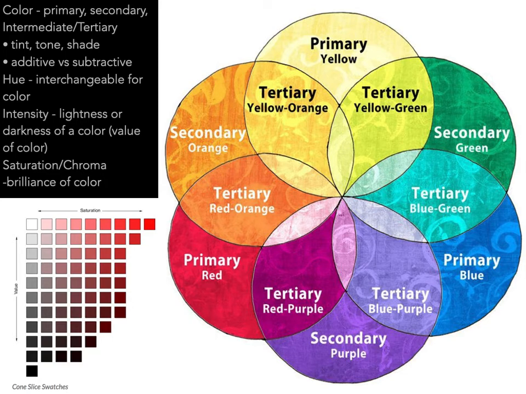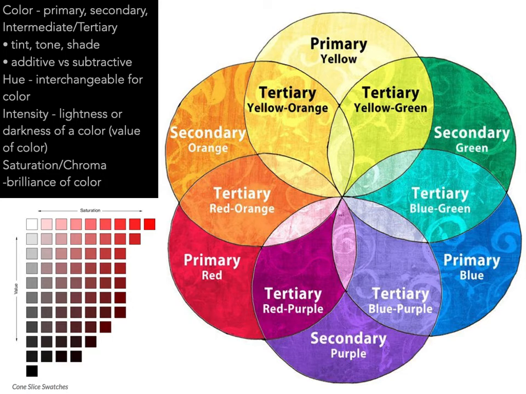We have a few different concepts here, but really the most important thing is to understand additive versus subtractive processes. An additive process is one that uses light. Any process that uses light, like your phone, your computer, the lights in a theater, your digital cameras, your projectors, and so on and so forth.